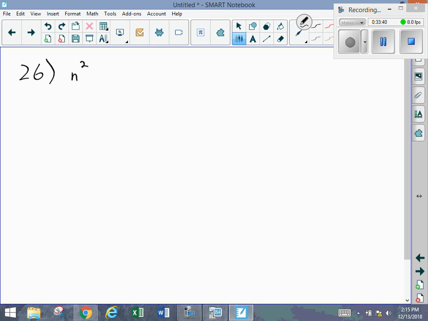Let's go ahead and solve n squared plus 10n plus 15 equals 7. And let's solve it. I'll subtract 7 from both sides.